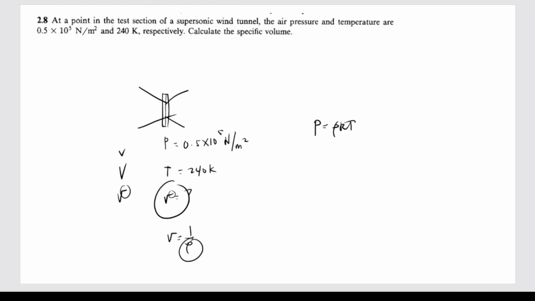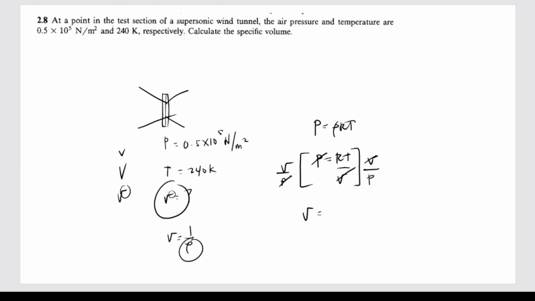And dahil nga, no, reciprocal ng density ang specific volume, you can rewrite this one into P is equal to RT over specific volume. So, multiplying both sides by specific volume kasi siya yung hinahanap, and dividing by pressure.